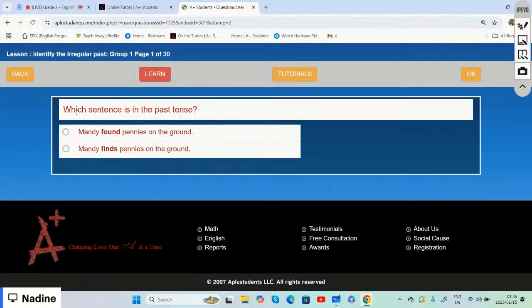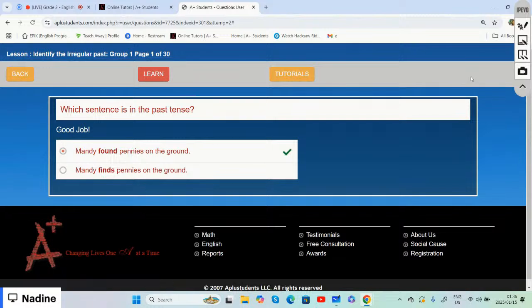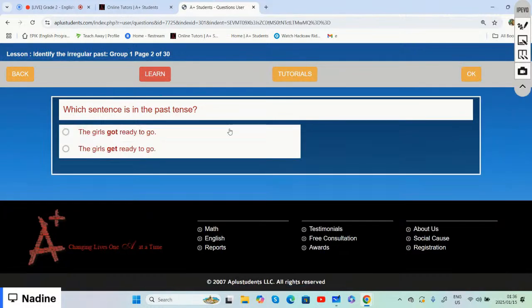All right, so we said that found. So finds is now, but found is our irregular past tense. Well done. Found is correct.